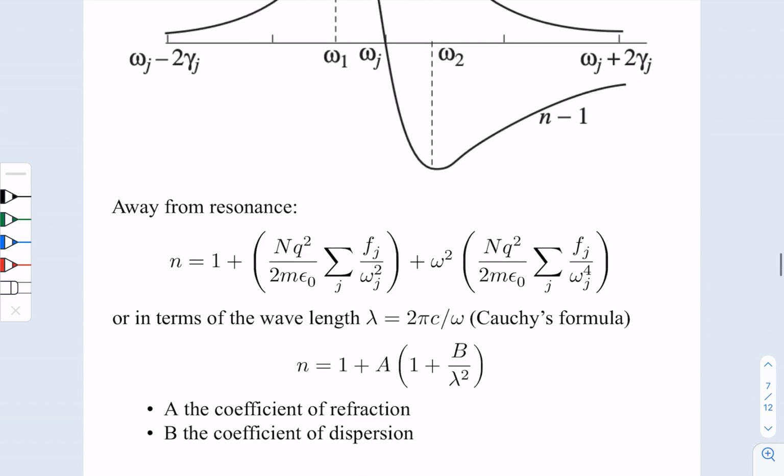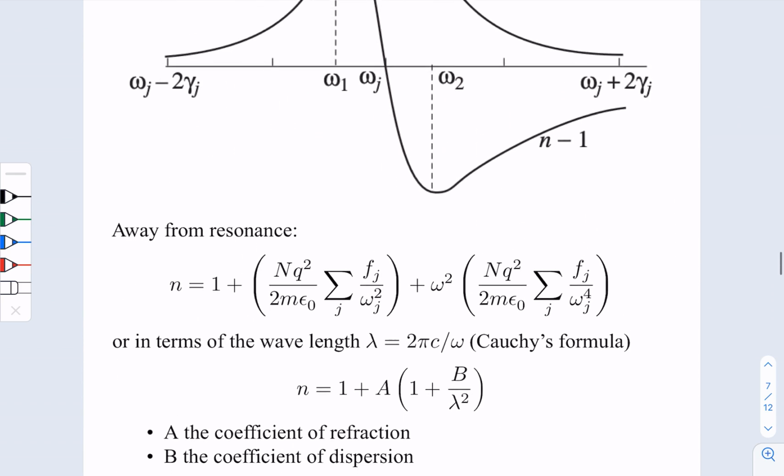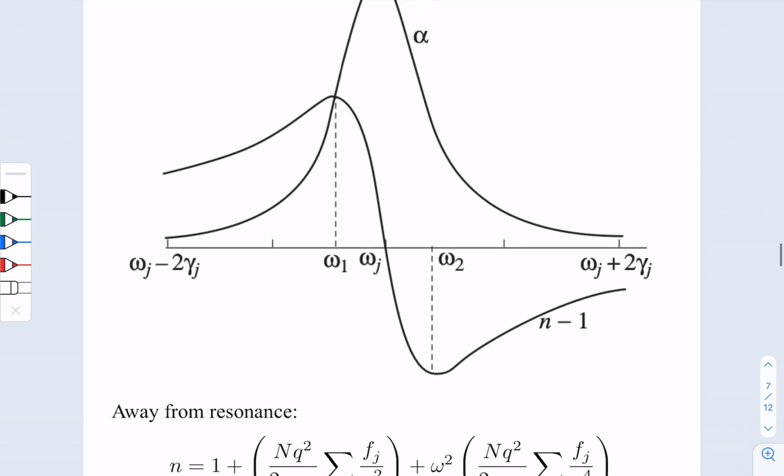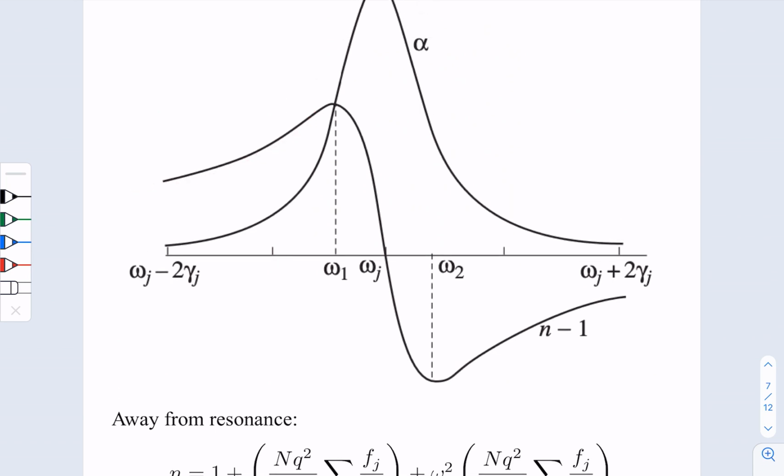So when it's very close to the resonance, this part is called abnormal dispersion. When it's very far away from the resonance, there is actually a very nice equation that characterizes the shape of this index of refraction curve.